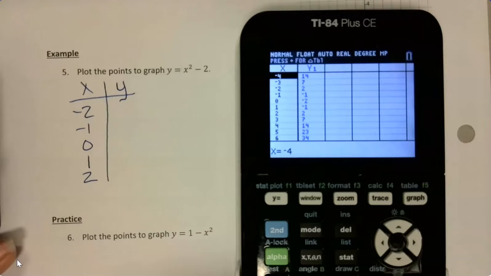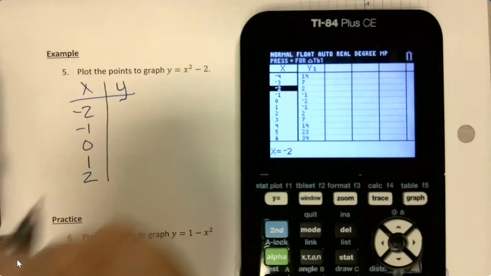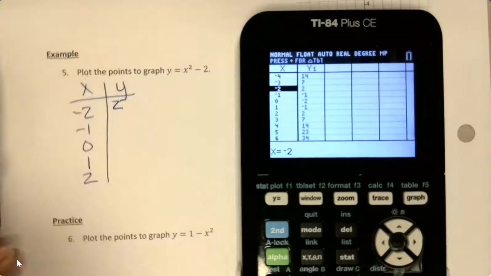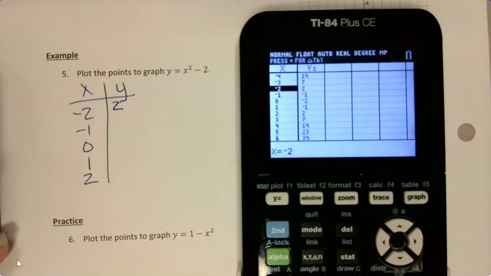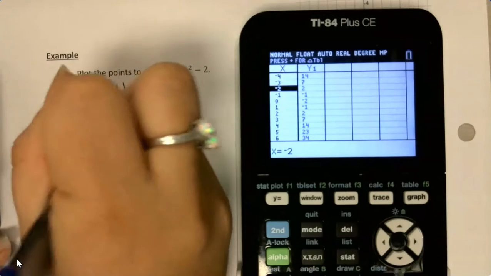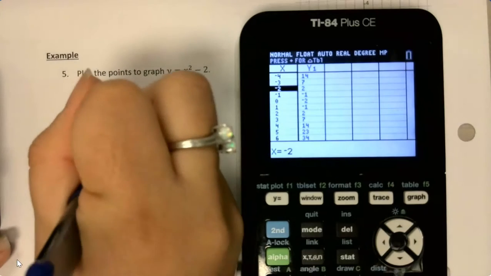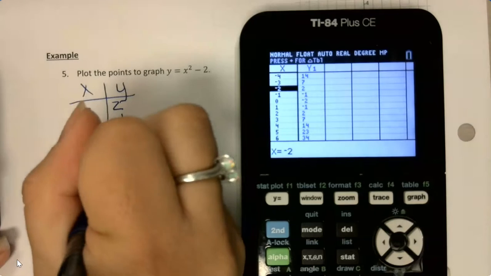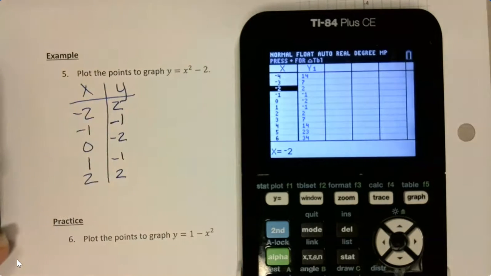And then I'm going to write down the matching y values for those. So my -2 goes to 2. My -1 goes to -1. My 0 goes to -2. My 1 goes to -1. And my 2 goes to 2.